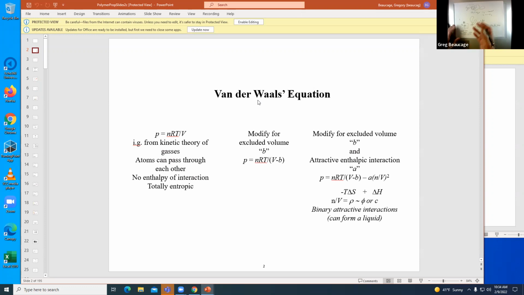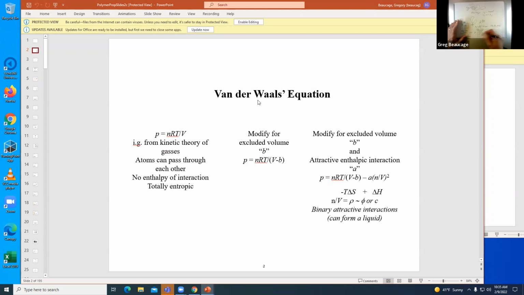But if you make a liquid, the pressure drops. Like it condenses into a solid, the pressure goes lower. So you need to subtract something from this pressure, and you just say it's a density squared times this A. It turns out that can explain almost everything almost perfectly. This is like 1857 or something, van der Waals.